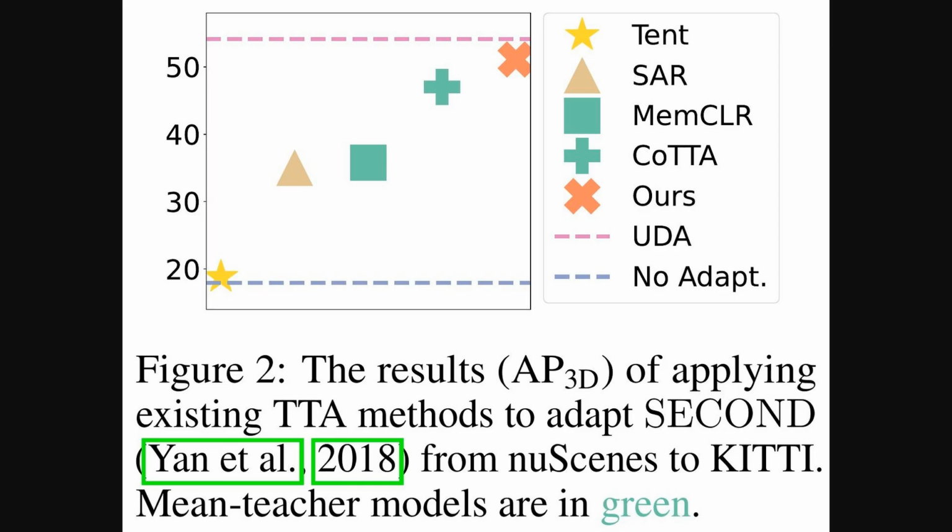We see existing test time adaptation approaches, like tent shown by the star, and kata, the green plus symbol, show limited gains. In contrast, ours, the Model Synergy method marked by the orange X, performs significantly better, even nearing the unsupervised domain adaptation, or UDA, baseline which adapts using unlabeled target data beforehand.